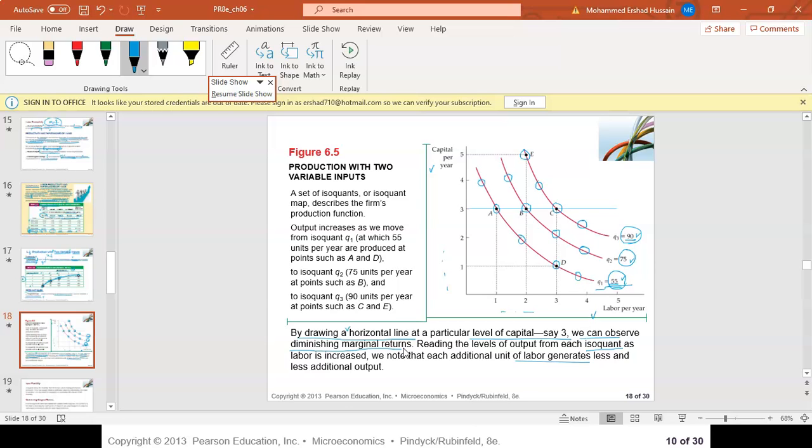So if we draw a horizontal line like this at 3, for 1 unit of labor we are producing 55, for the second unit we are producing 75, and for the third unit we are using what?